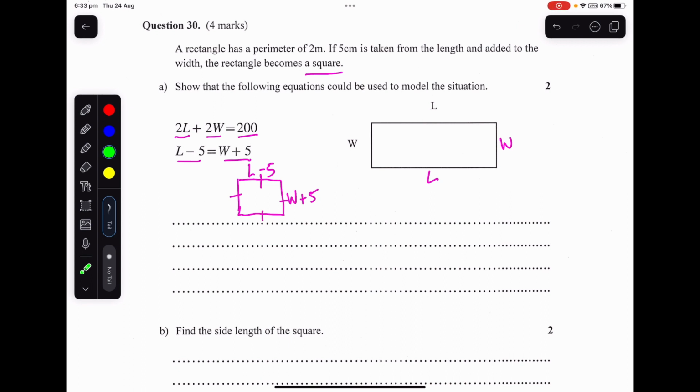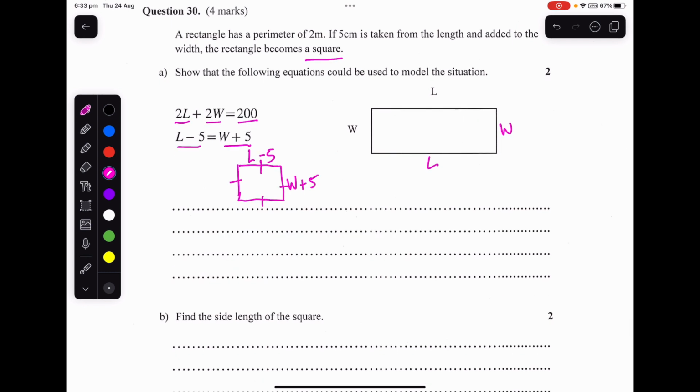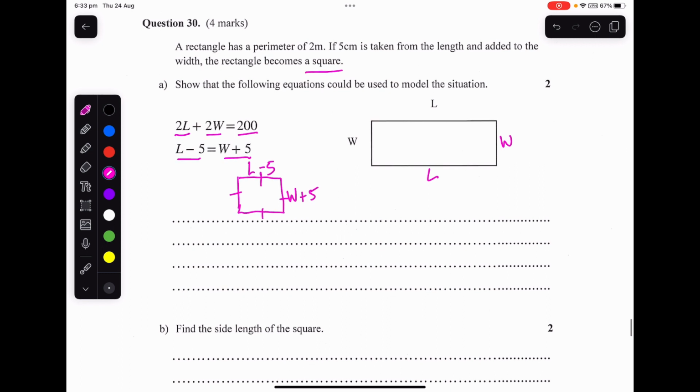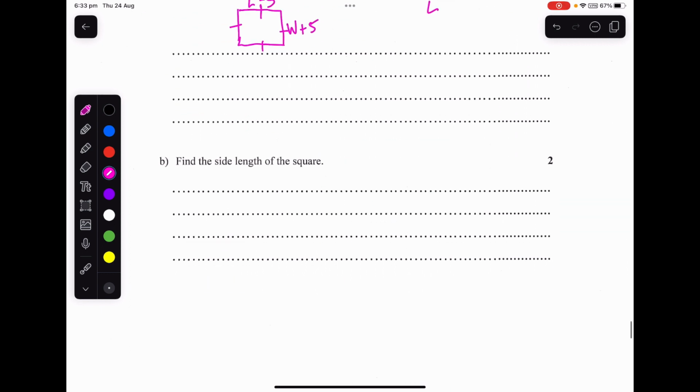It's a bit of an interesting question. It's logical thinking. And you have to use a bit of your maths logic to answer that question. So part B of this says find the side length of the square. Okay, so I'm going to take the information down here again. If I've got 2L plus 2W and that equals 200, then I've got L minus 5 equals W plus 5.